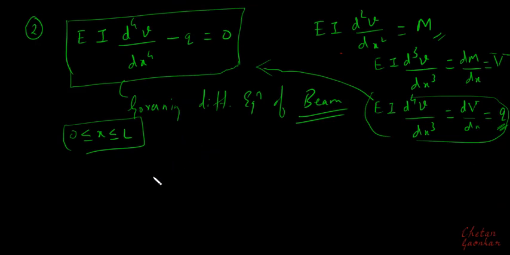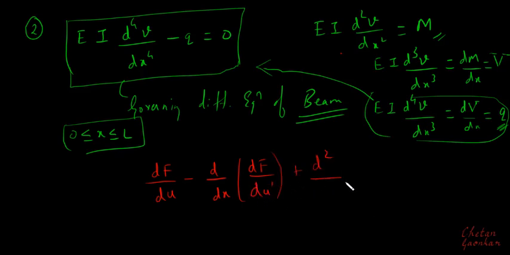So again, what was the Euler-Lagrange equation? df by du minus d by dx of df by du dash plus d square by dx square of df by du double dash equal to 0, right?